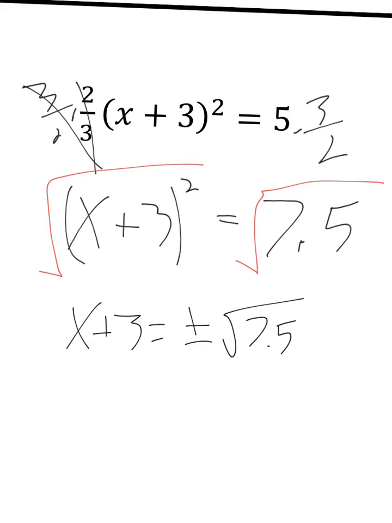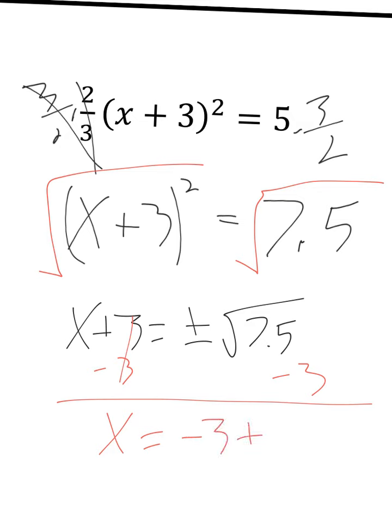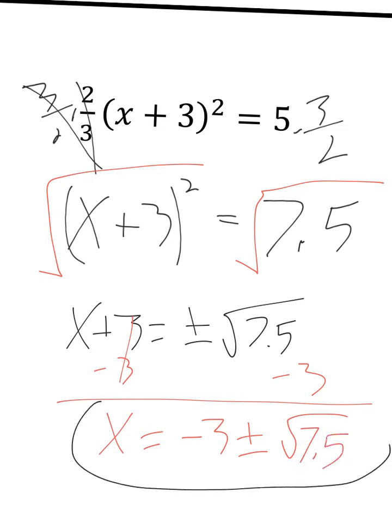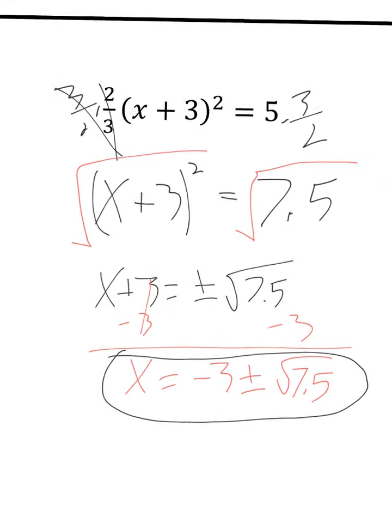We'll just leave it like that. So how do I make this my final answer? Just minus 3 over to the other side. And so you have x equals -3 plus or minus the square root of just positive 7.5. So sometimes you get a weird looking answer like that, but that's really all there is to it.